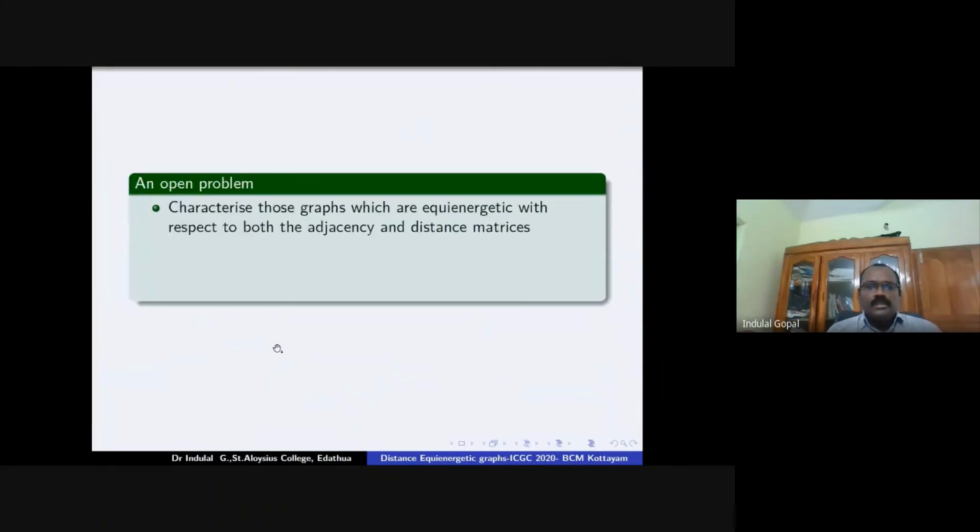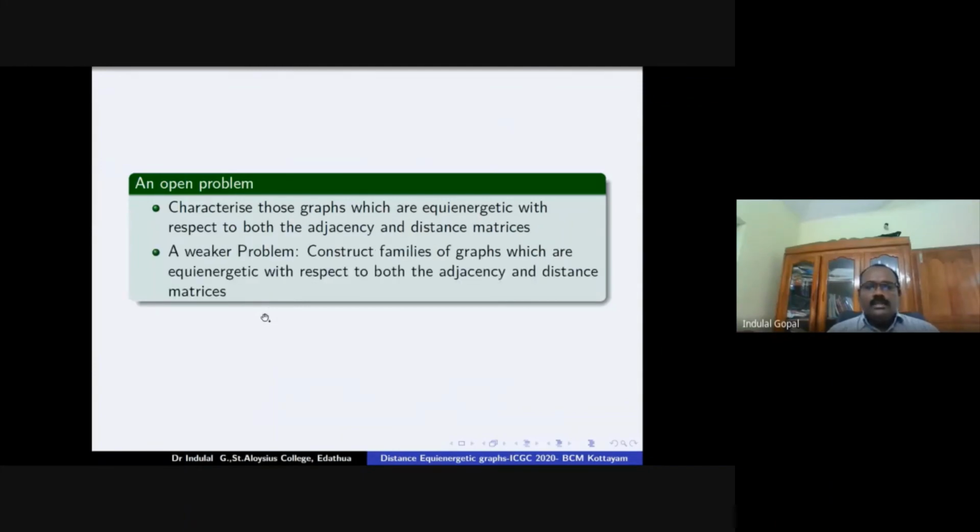So we propose this as an open problem: characterize those graphs which are equi-energetic with respect to both adjacency and distance matrices. Another, weaker problem is to construct families of graphs which are equi-energetic with respect to both adjacency and distance matrices.